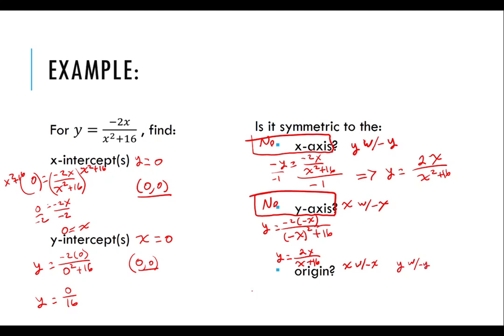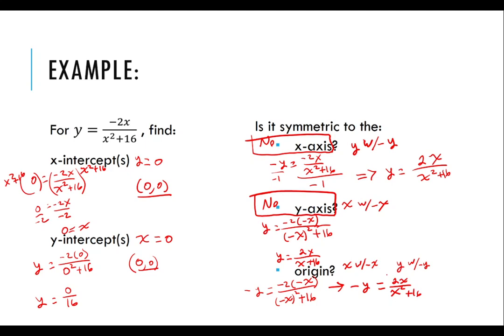This is negative y is equal to negative 2 times negative x divided by negative x quantity squared plus 16. That's going to give us negative y is equal to negative 2 times negative x, which is positive 2x, divided by negative x quantity squared, which is positive x squared, plus 16.